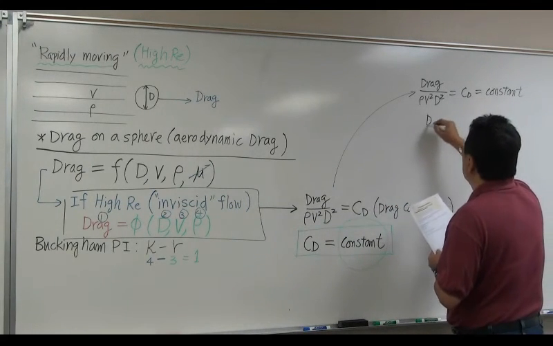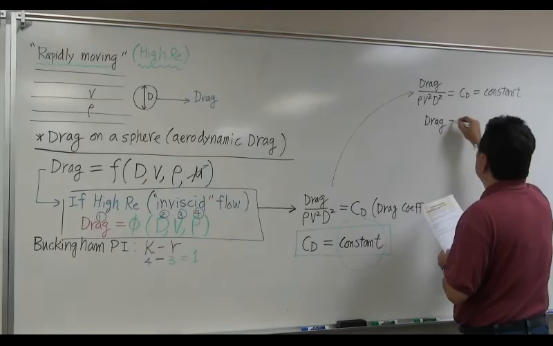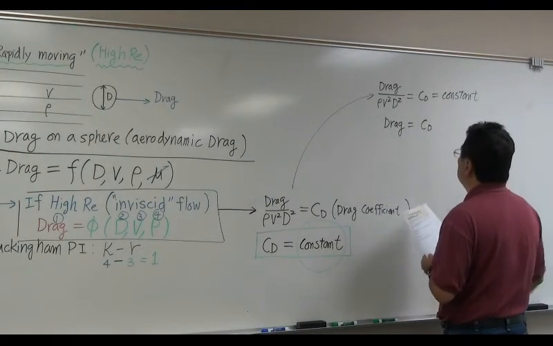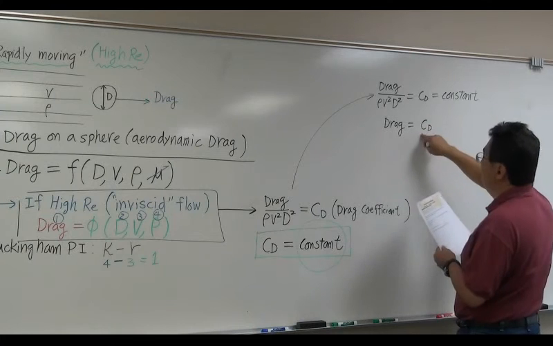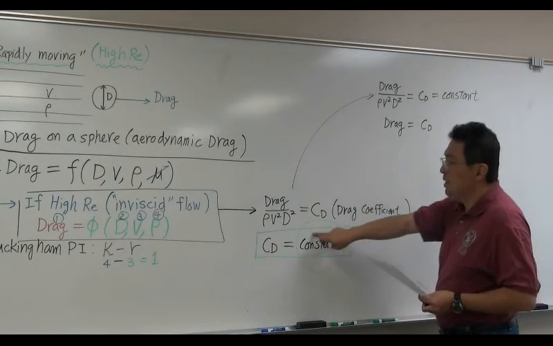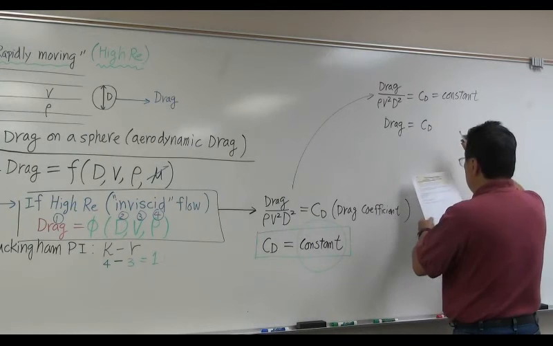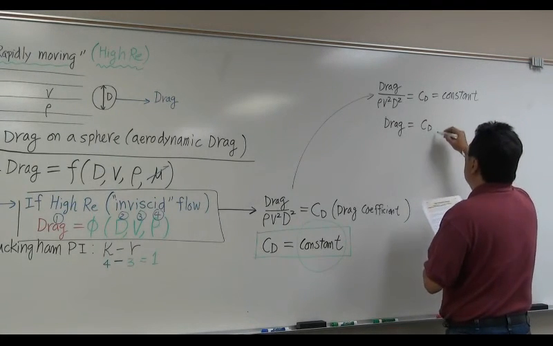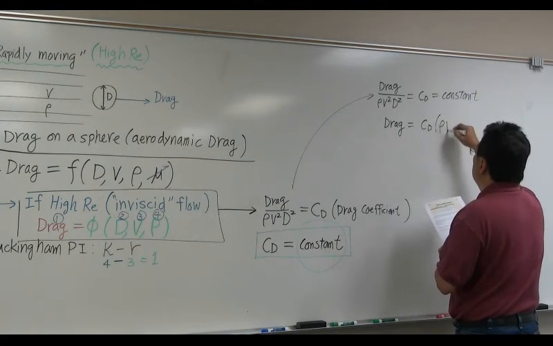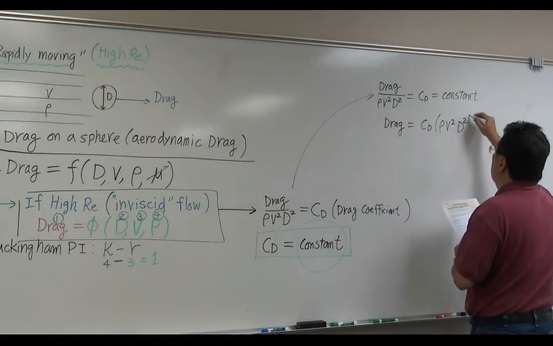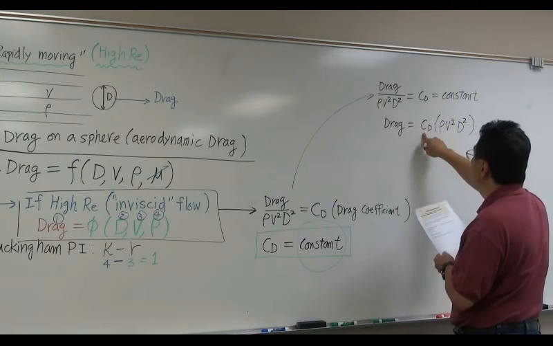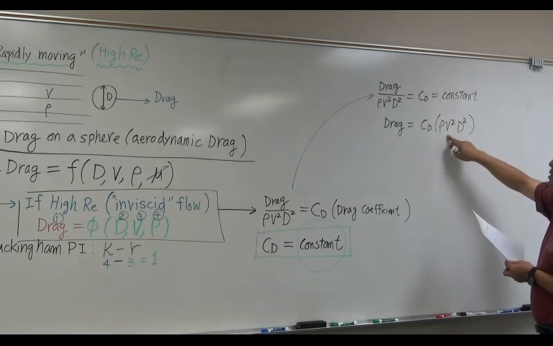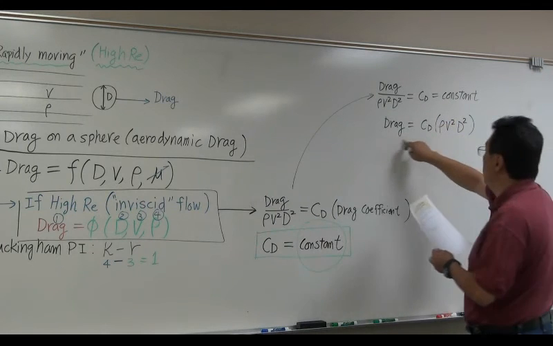So drag is CD, whatever the constant is. We don't know what CD is. You can determine CD by running experiments. But CD times density, velocity squared, diameter squared. If you multiply the constant you determine, the drag coefficient, by density, velocity squared, diameter squared, you can determine the drag itself.